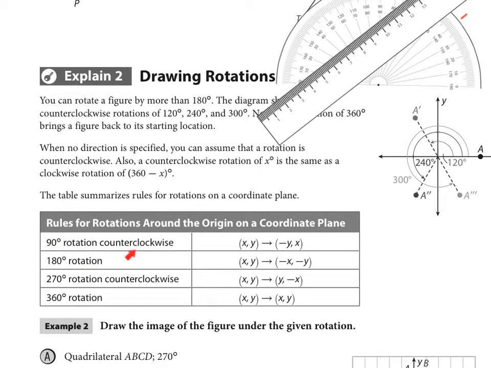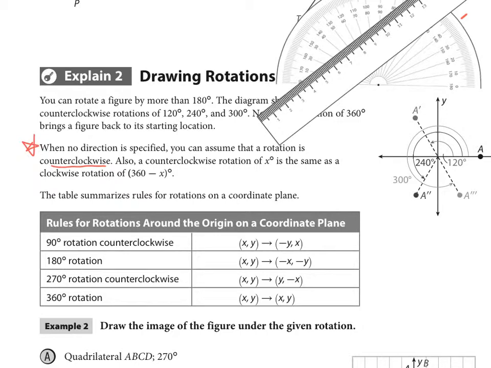So this is something I do need you to understand, but we're adding the fact that I could ask you for other angle measures. One important thing to note here is that when no direction is specified, that means you're going to be going counterclockwise. Okay, so if all I say is go 90 degrees and that's it, you're assuming that the direction is counterclockwise.